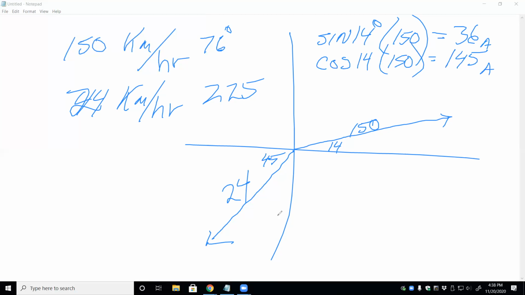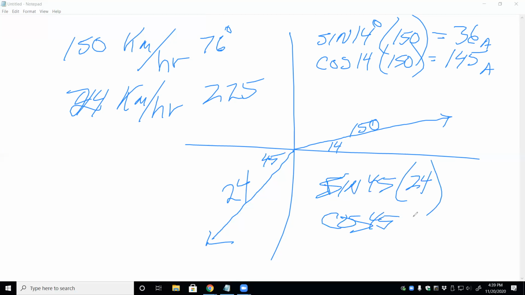So the downward speed is the sine of 45 degrees times 24. And the westerly speed is the cosine of 45 degrees times 24. Can you give me a number on those?